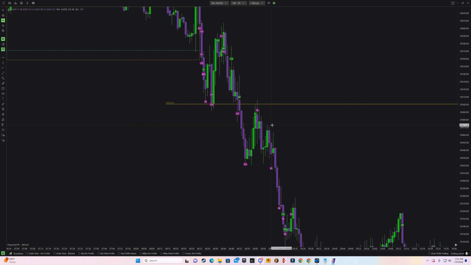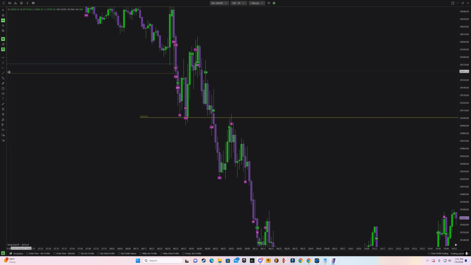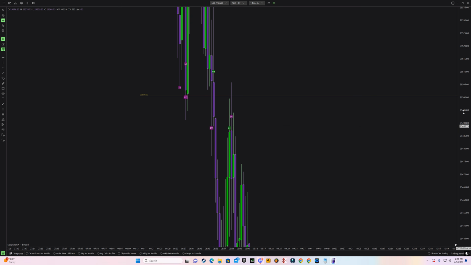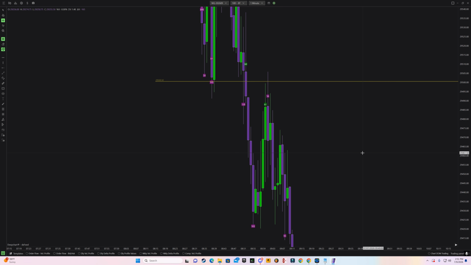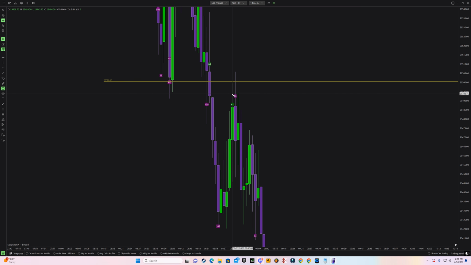So what happens here, guys? When price approaches this level, what we see is aggressive buyers stepping in, 61 buyers, but within the wick of the candle. And then we see aggressive sellers at the retest of this level after we broke it in a negative gamma regime. And these sellers are in the upper wick, in a bearish candle. So what does that tell you?